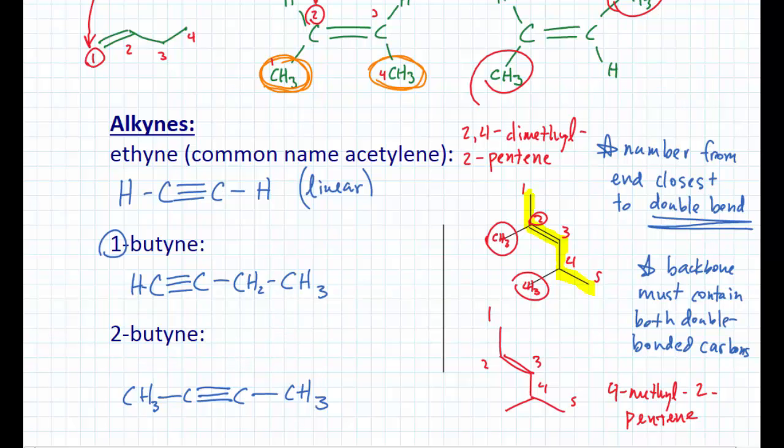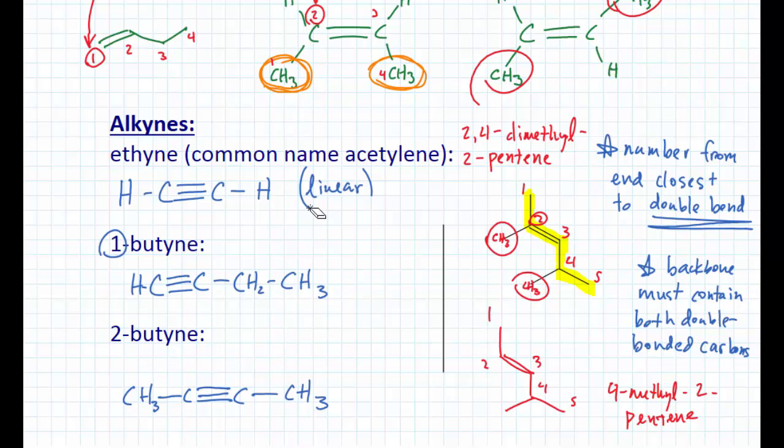You can have branches in triple bonded compounds just as well. The only issue is the branch cannot come off of the triple bonded carbon, right? Because triple bonds only leave 1 more bond. But the other part of the molecule can have as many branches as we want. There are molecules that have multiple triple bonds, multiple double bonds, double and triple bonds.